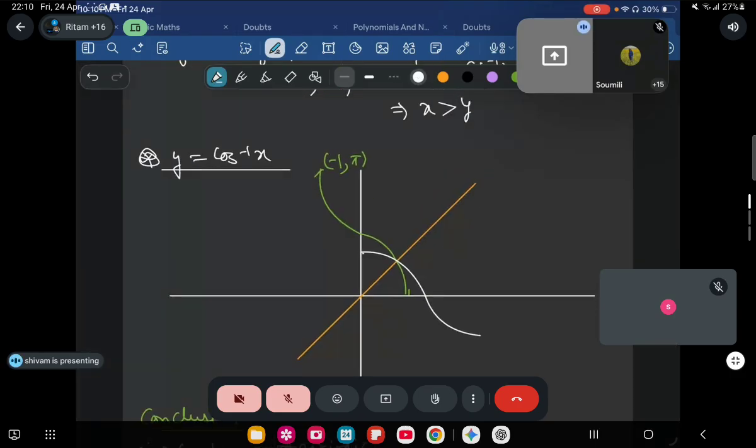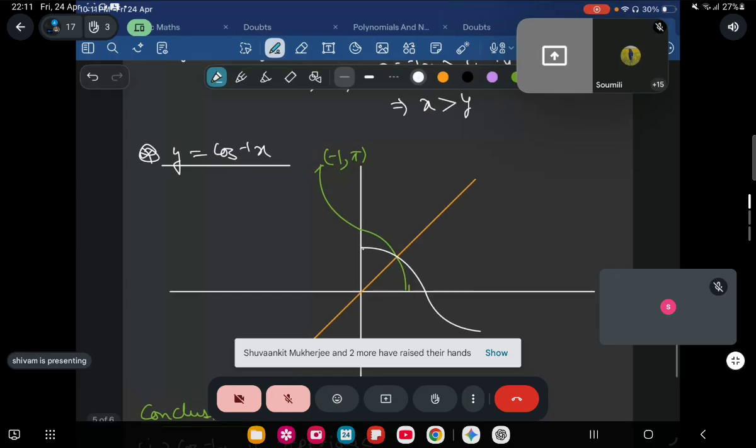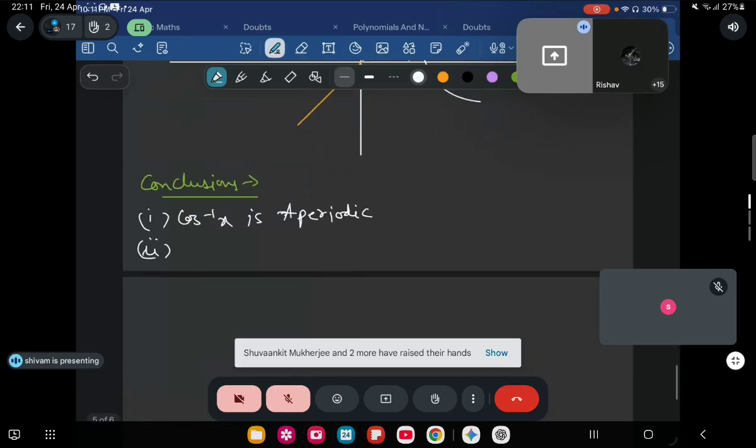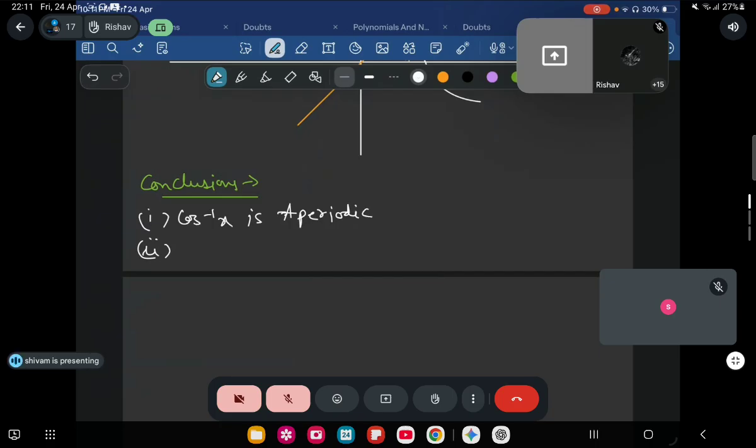By looking at the graph, raise your hand and tell me. Is it odd or even? Yes, Rishabh, tell me. Sir, neither odd nor even. Neither odd nor even. Absolutely correct. Cos inverse x is neither odd nor even.